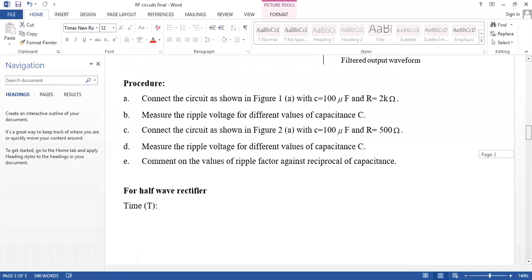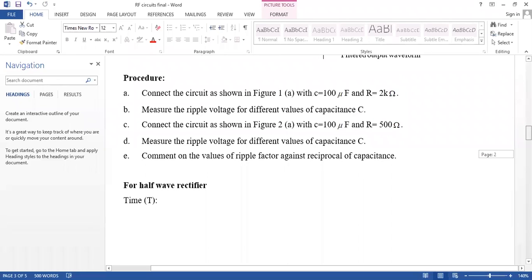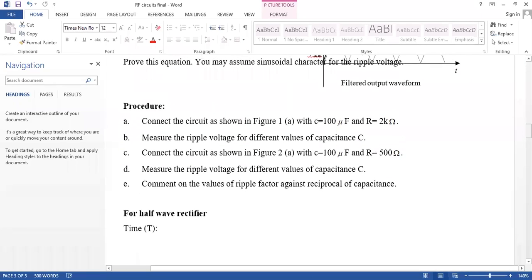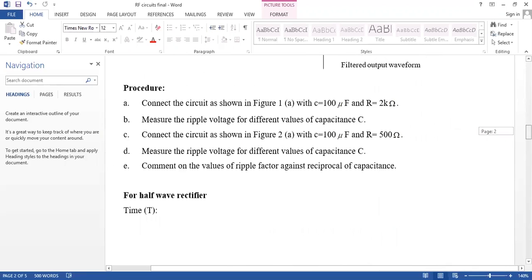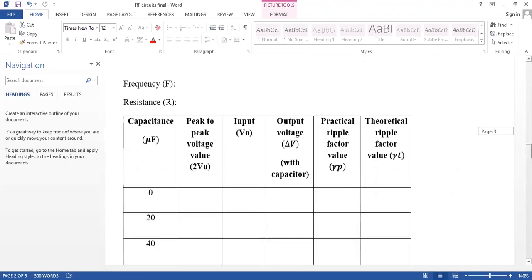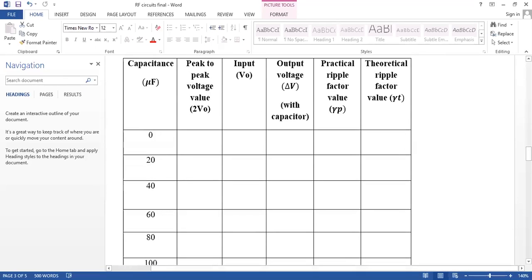Here, the peak to peak voltage 2 V naught we can find from the input waveforms, and the input is also half of the peak to peak voltage as a peak value, and the output voltage we can find from the output waveforms. Okay, delta V. When we change the capacitance value, the output voltage changes. And the practical ripple value and theoretical value you can substitute in your equation, that is delta V and V naught.